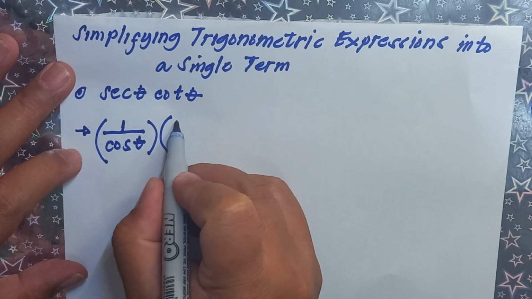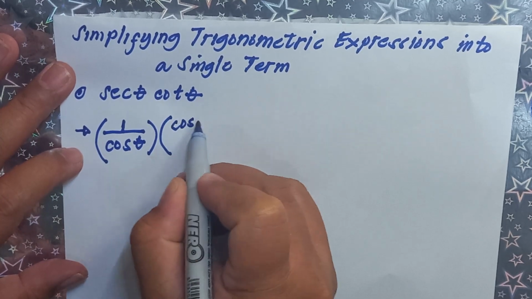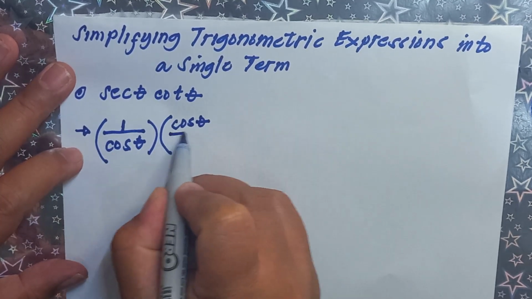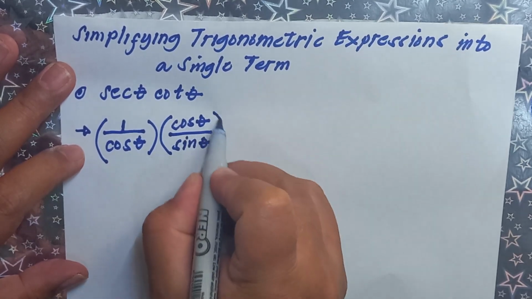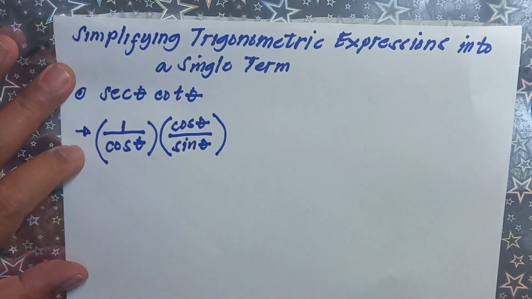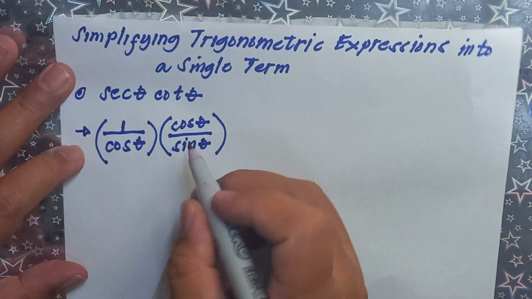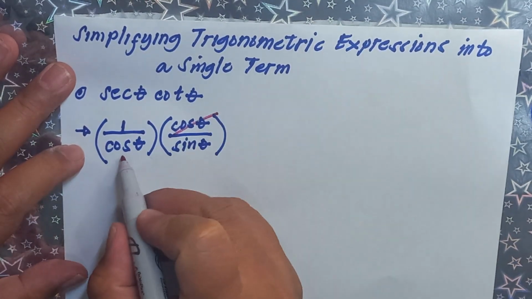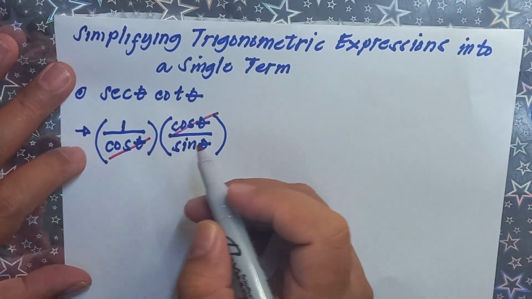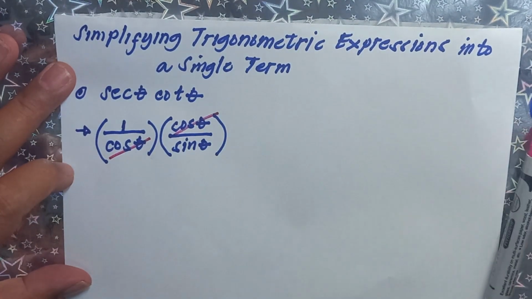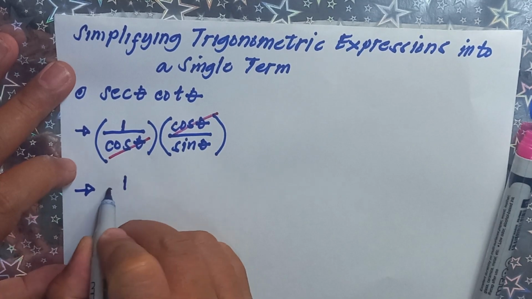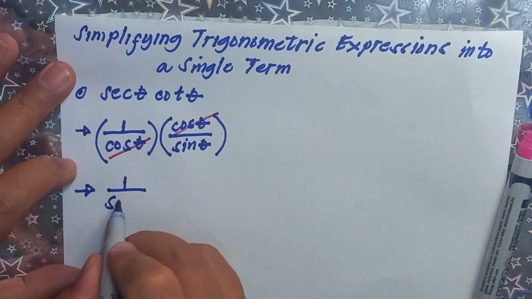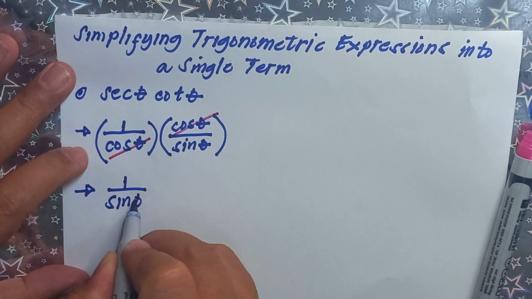That is the same as cosine theta over sine theta. Notice that when we look into the expression, we can cancel out the cosine. And so what is left now is 1 over sine theta.